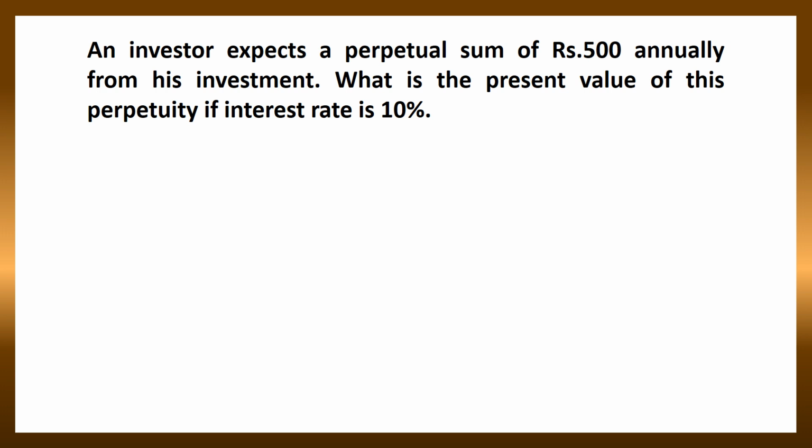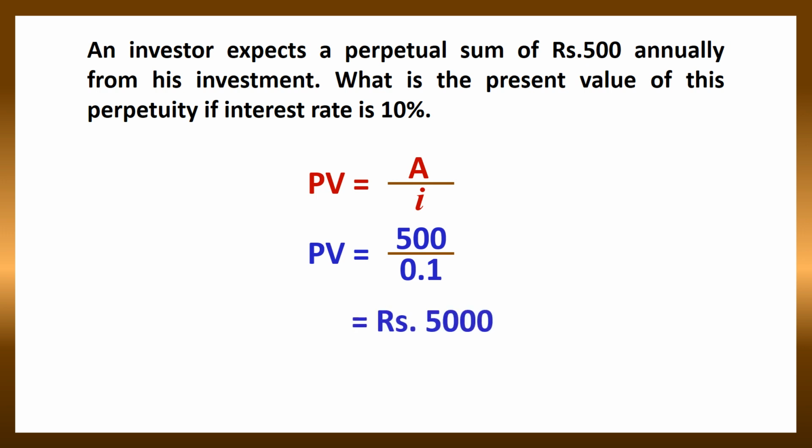Indefinitely, that sum is moving on. Thus, we can apply the formula PV = A / I. So, by applying the values in this formula, 500 divided by 0.1, the present value of the total perpetual sum is 5,000 rupees.